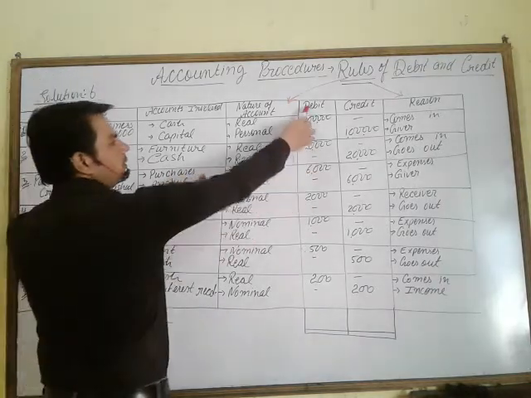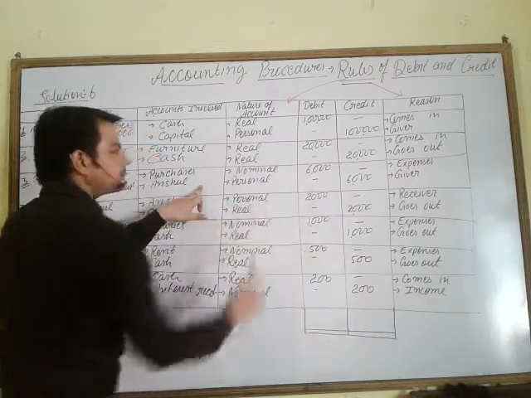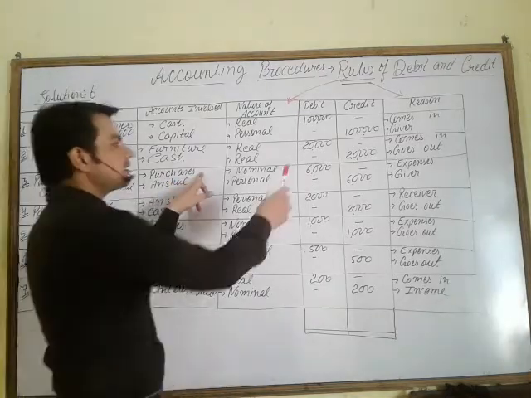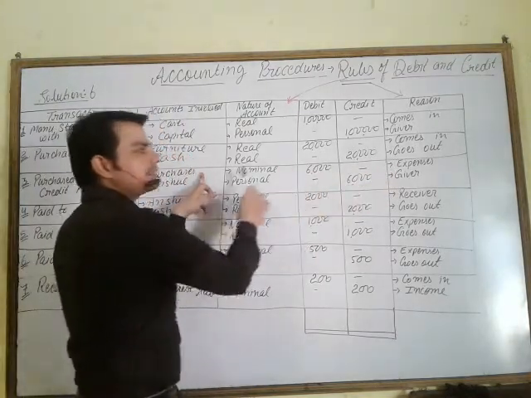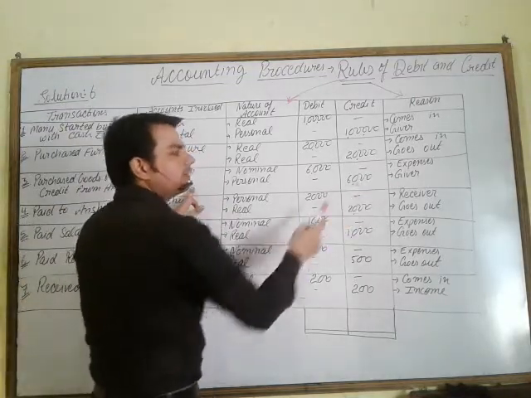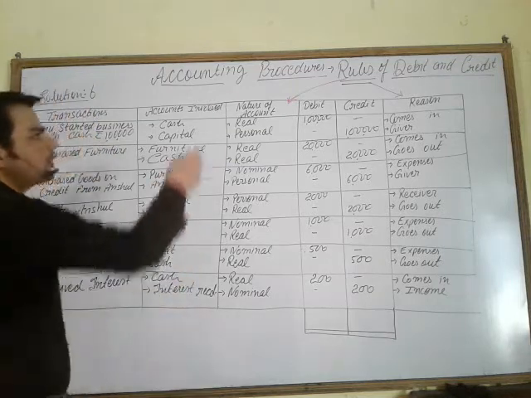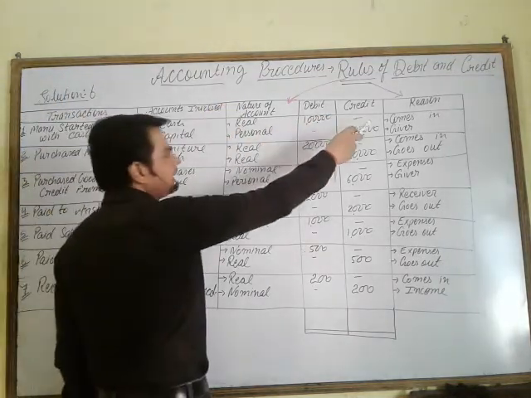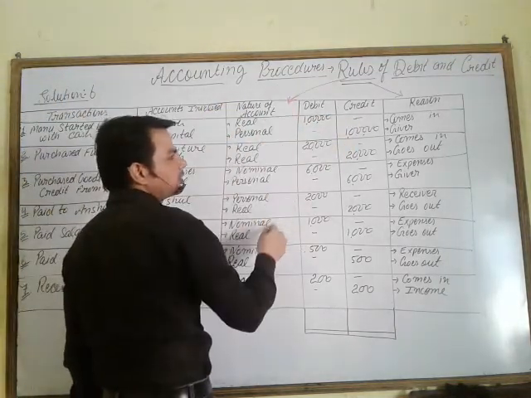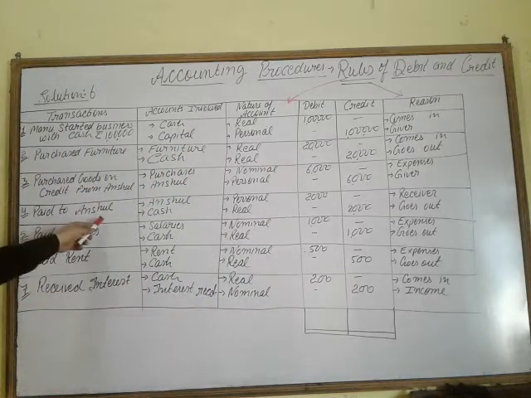Purchase should be debited and Anshul should be credited. Why? Purchase is the expense and expenses are debited. Anshul is the giver and the giver's account is credited. Is it clear? This is the rule of debit and credit on the basis of nature. Is it clear?